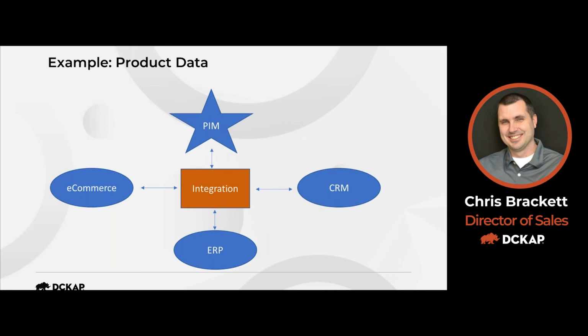But once again, it comes down to trying to pick that central source of truth and allow the data to move back and forth. Once again, I've got 2-way arrows on this thing, but you can very easily make them single-way integrations if that's what best fits your business model and your company needs.